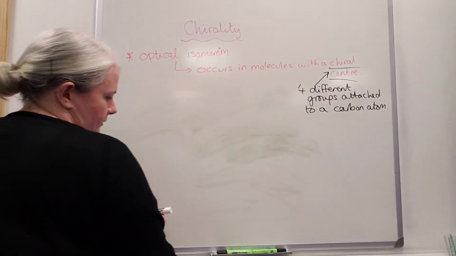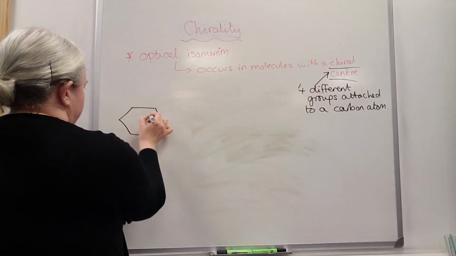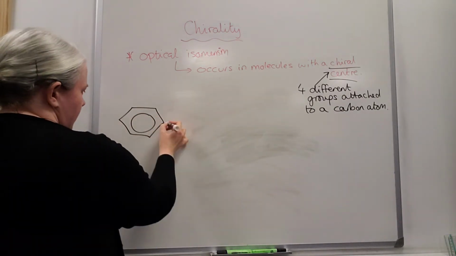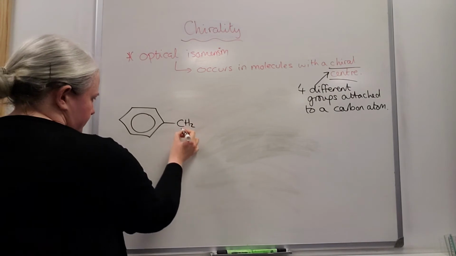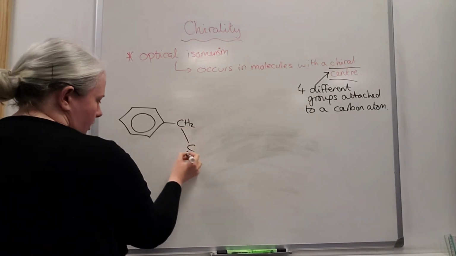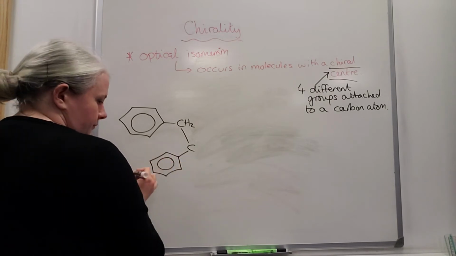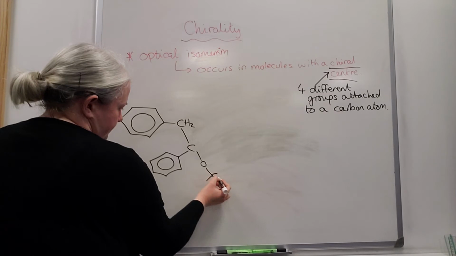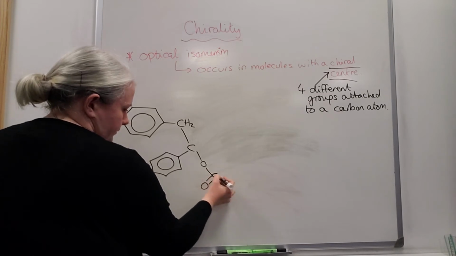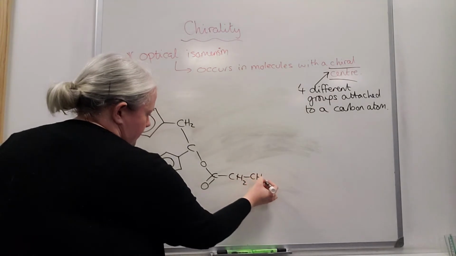So if I've got something like, here I've got a benzene ring, CH2, going to a carbon with another benzene ring. Then I've got an ester, then with a CH2, CH3.